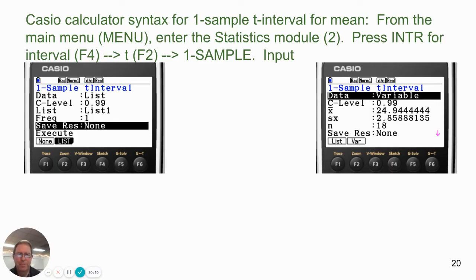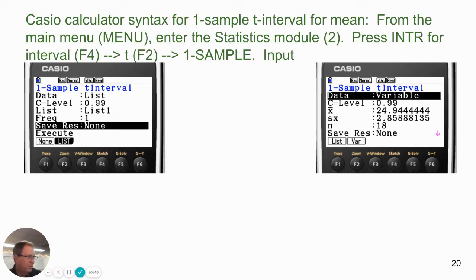The confidence level is 0.99, x bar input 24.944. That's the mean of the sample data that we got. SX, that's our standard deviation of our data, input 2.8588. Our sample size is 18.